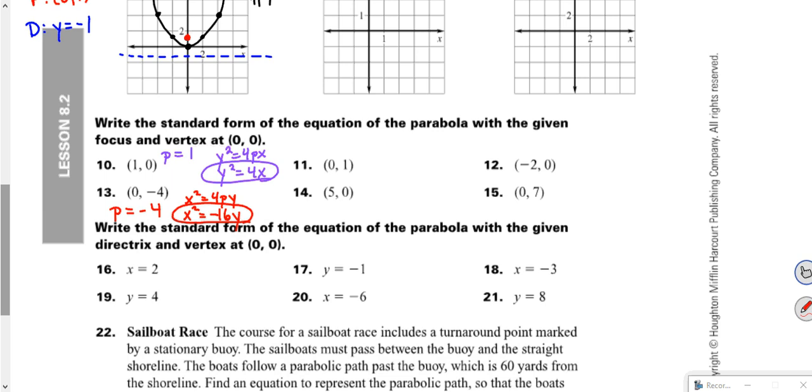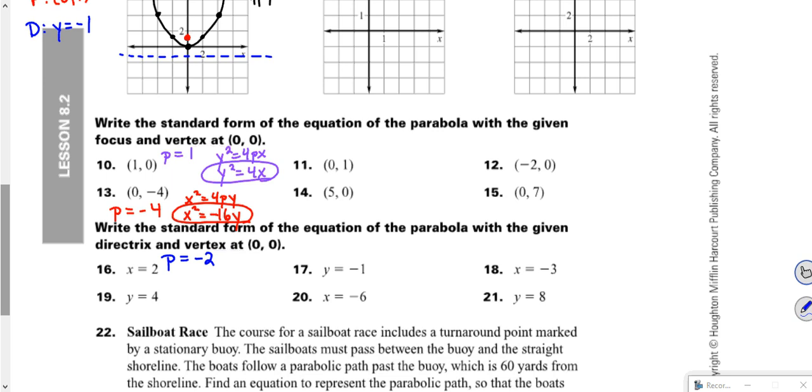Now, 16 through 21, write the standard form of the equation of the parabola with the given directrix and vertex at (0, 0). If your directrix is x equals 2, that means your p is -2. Remember, your p is opposite the directrix number.